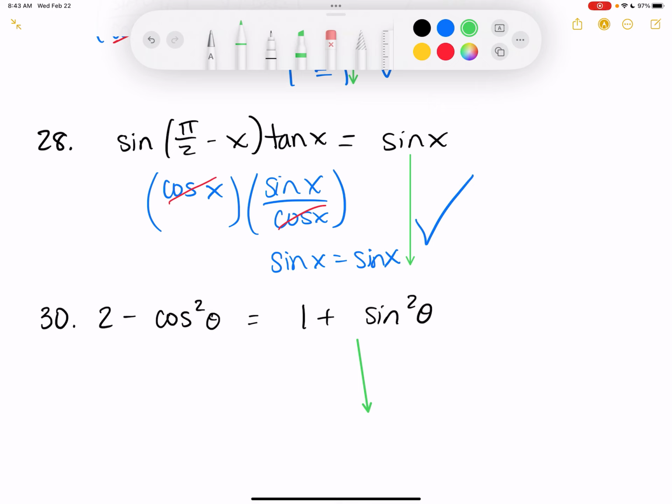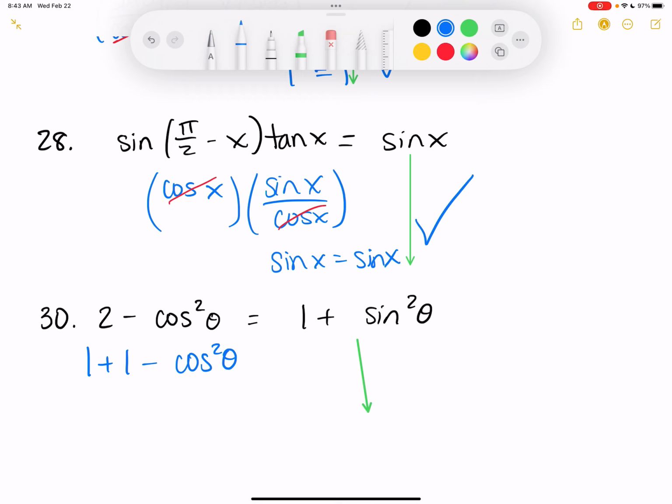But would you agree that 2 is equal to 1 plus 1? So what I can do is rewrite this as 1 plus 1 minus cosine squared of theta. Then what do you see? So 1 minus cosine squared of theta would be? You have to manipulate one of the originals.